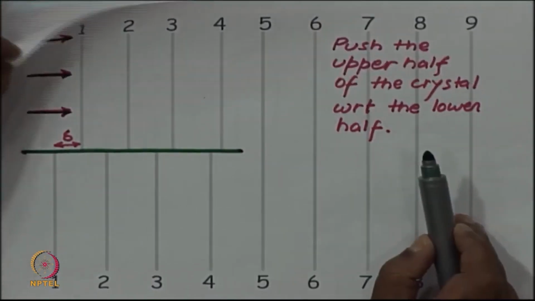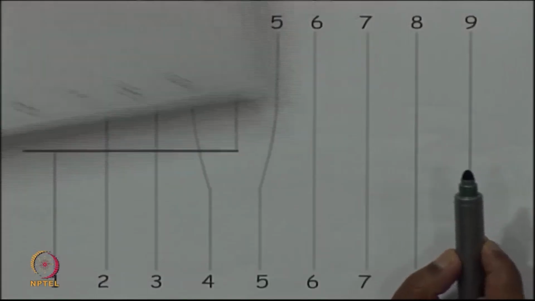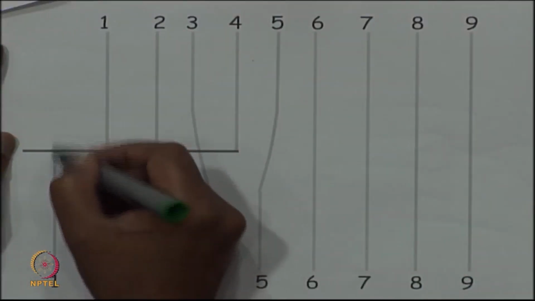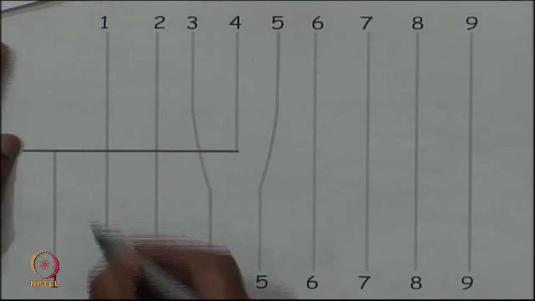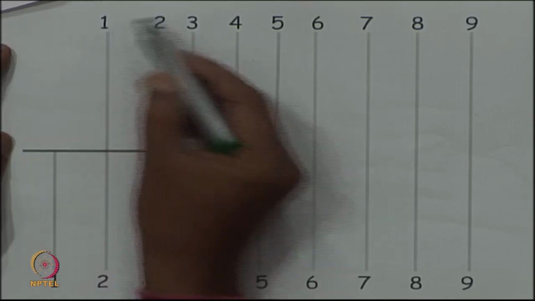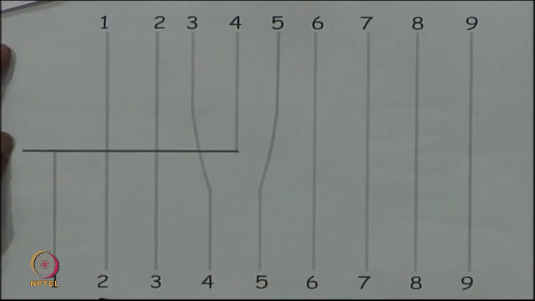So, if I continue this push, so much so that the top half of the plane 1 now joins with plane 2. I have drawn that now as a straight plane here, only the identity on the top is 1, but on the bottom is 2.